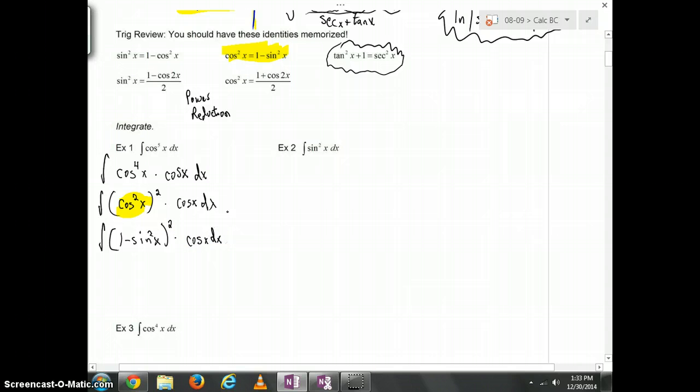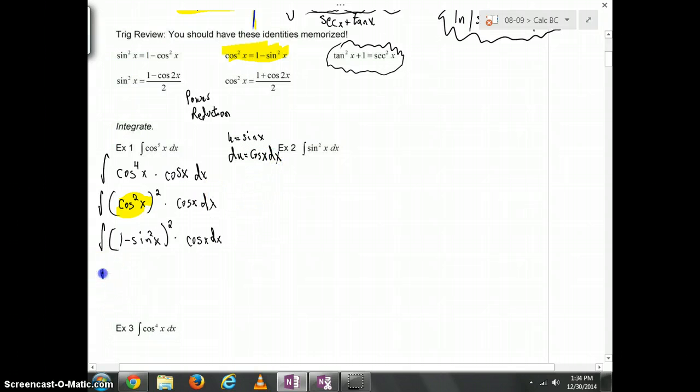Now, again, this looks considerably more complicated than what we just started off with, perhaps, but now we can do a wonderful u substitution. If you're really on your toes, I think you can see where we're going with this. Let's let u equal the sine of x. If that's done, then we can say du is equal to cosine of x dx.